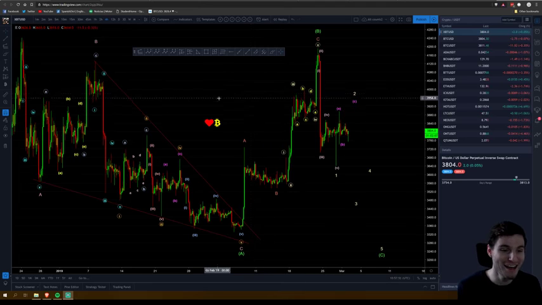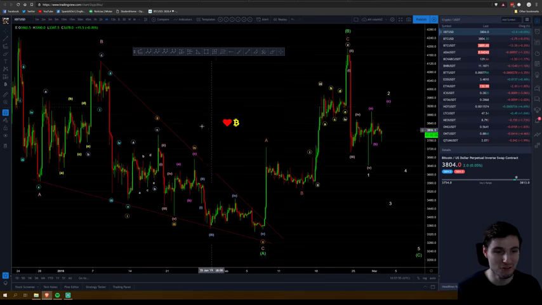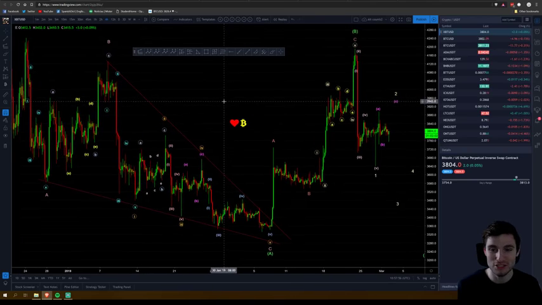So let's go. I'll give you a bit of background of why I've done this chart. Normally I don't spend my time going back through charts to do detailed counts like this, but as you all know, I do paid coaching, and one of the guys on the session this week wanted me to go back through the Bitcoin chart and go through in detail on a micro time frame, labeling the whole structure correctly.